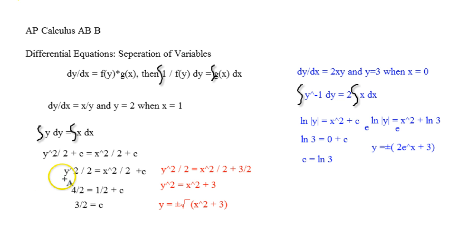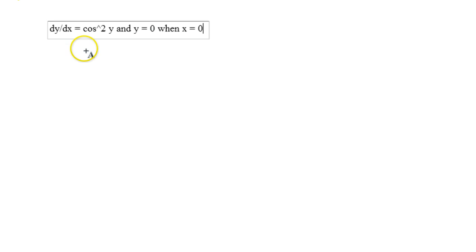All right. Let's practice some more. So we're going to do a little bit more of a difficult one right here. dy/dx equals cosine squared of y, and y equals 0 when x equals 0, which makes sense.